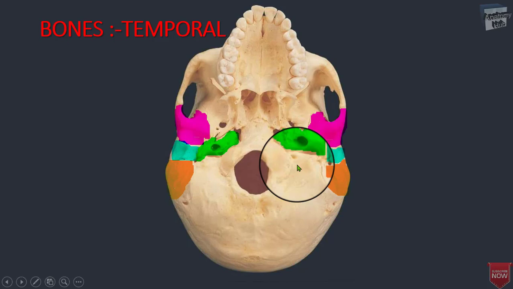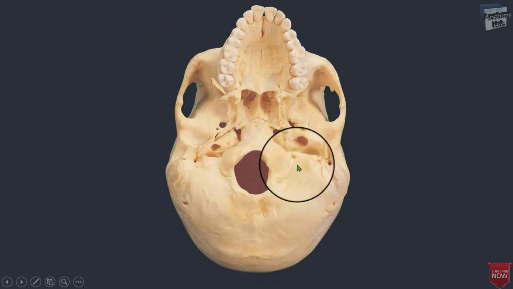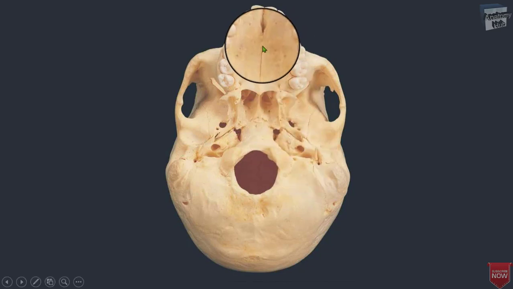The principal features that you will find here are the main sutures. Here you will find the intermaxillary suture that lies on the midline of the hard palate between the two maxillae.